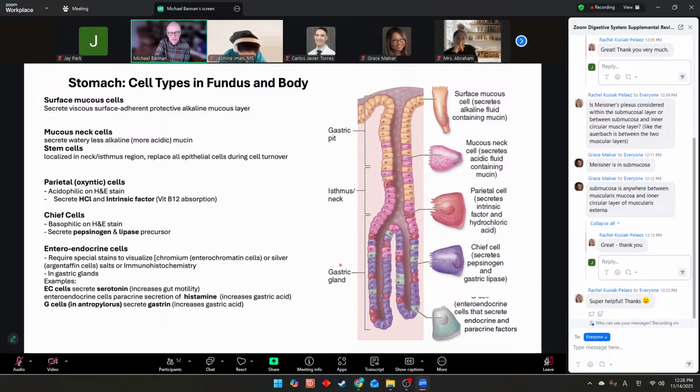Now down to the gastric gland region, down here at the base, there are three major cell types here. Parietal or oxyntic cells, those are the pink ones, acidophilic on H&E stain. They secrete hydrochloric acid and, very importantly, intrinsic factor. I think that in biochemistry and maybe in physiology, you folks have recently talked about pernicious anemia.